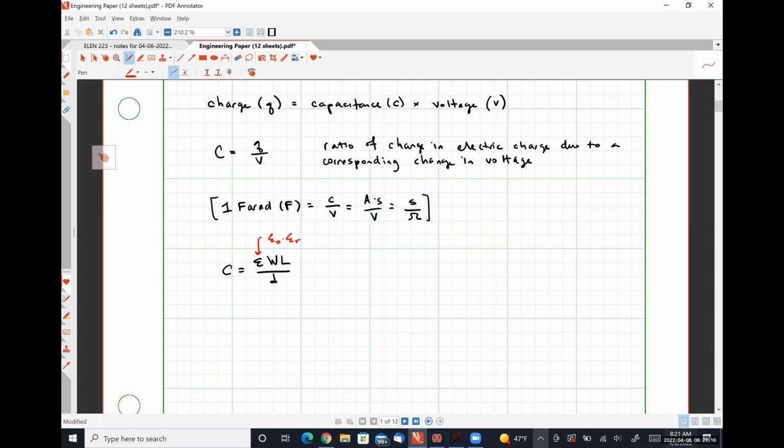In order to get a capacitance of like 1 farad, those do exist in industrial applications, and they are huge. Like they're probably the size of Dr. Long's office across the hall. They're very, very large devices. And it's because the permittivity is on the order of 10 to the negative 14 farads per centimeter, right? So we need a really, really large area in order to accommodate actually getting 1 farad of capacitance.